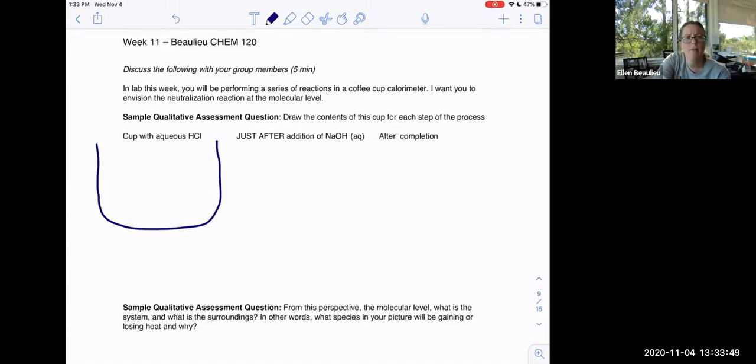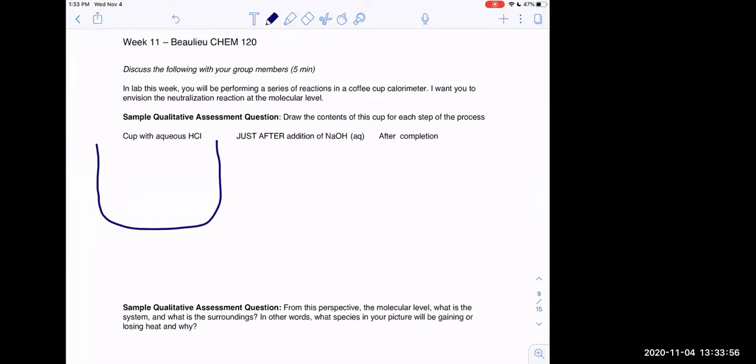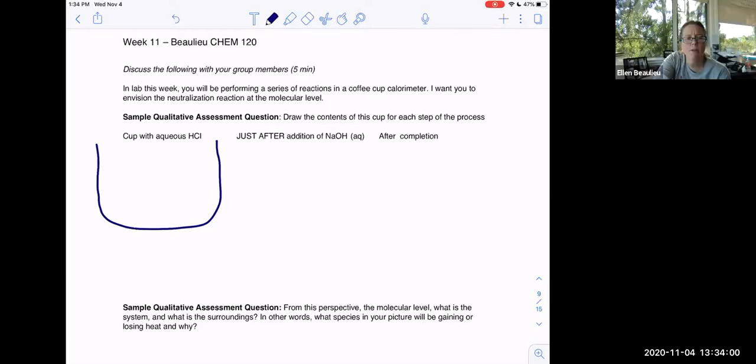I don't know why I don't have the ability to annotate my own screen. Do any of you have the annotation option right now? I don't see it. Yeah, I don't either. I wonder if that's a security setting. Oh, well, tell me what I would draw. It's not worth figuring out right now.